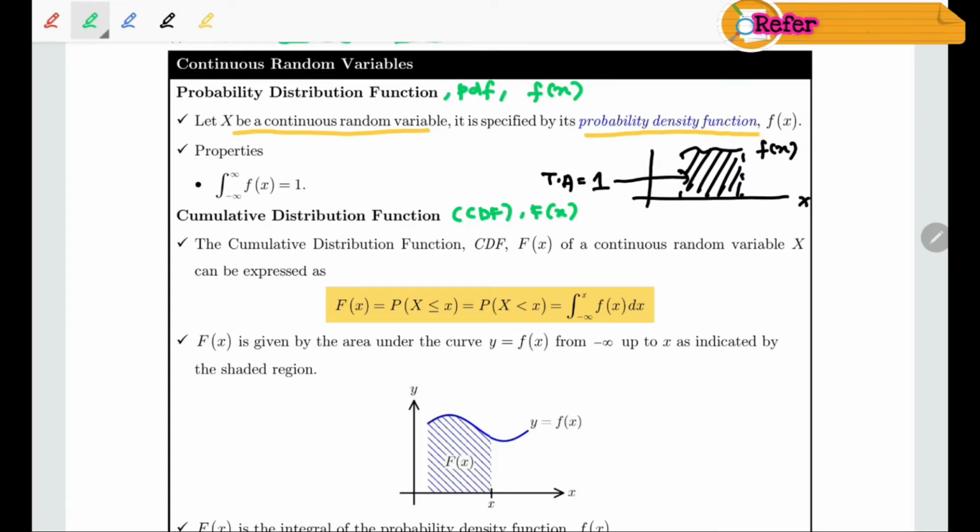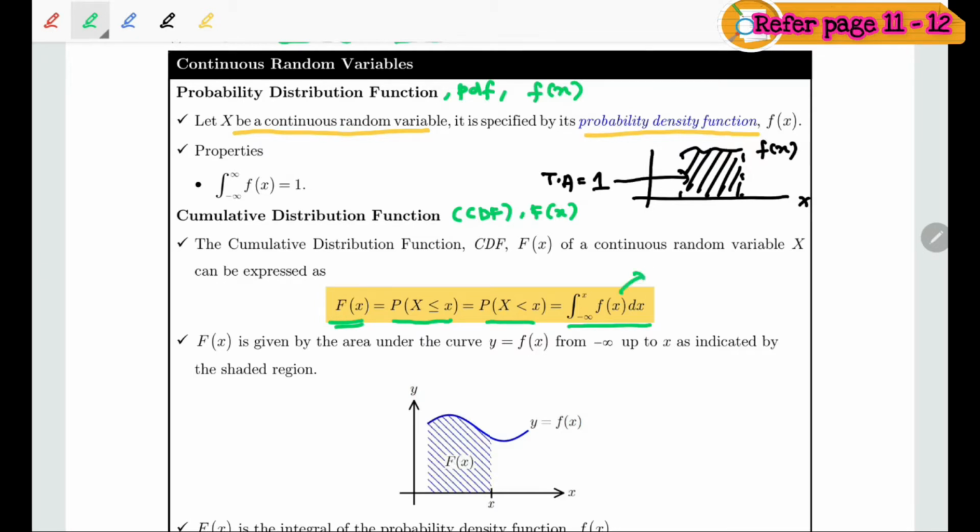The CDF of a continuous random variable can be expressed as capital F(x) equals the probability of X less than or equal to x, which is equal to the integration of f(x) from negative infinity to x.